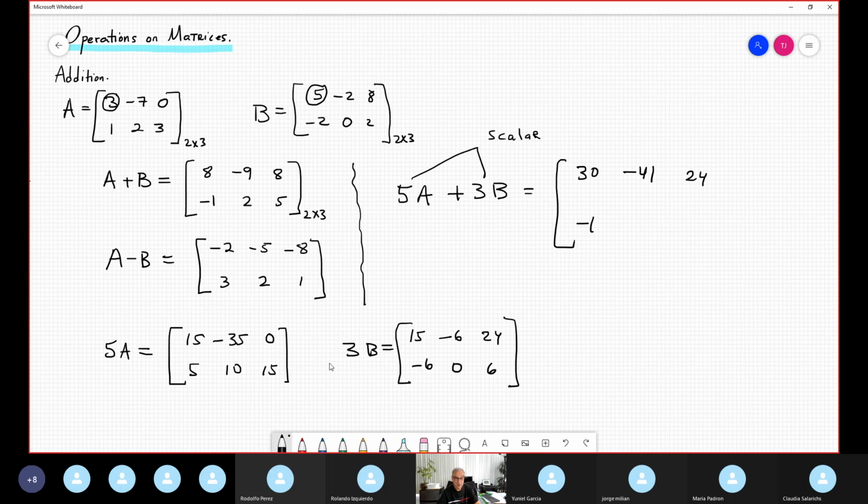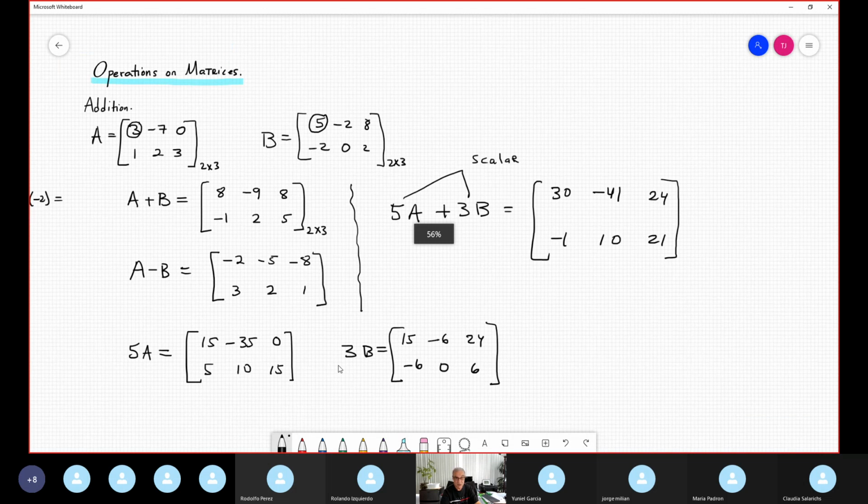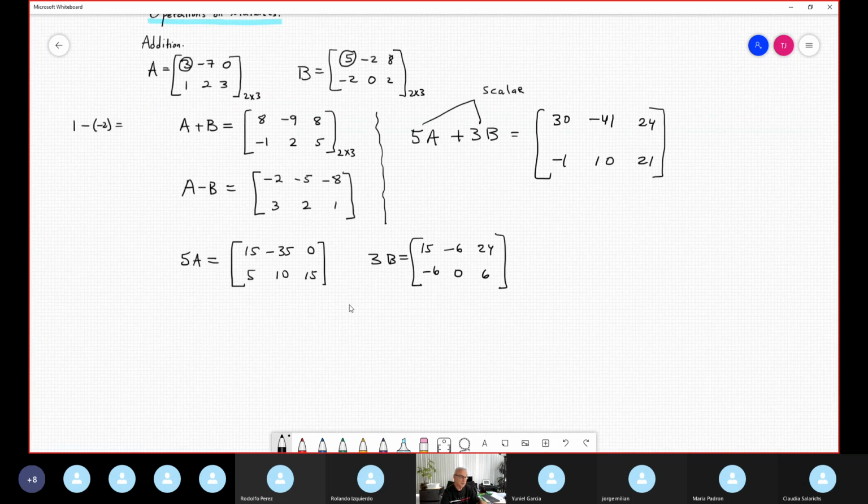So 5 minus 6, 10 plus 0 is 10, 21. Do you understand the idea? So the thing you need to understand so far is addition, subtraction, and multiplication by a scalar. In the last problem, I combined multiplication by a scalar plus addition. Easy?